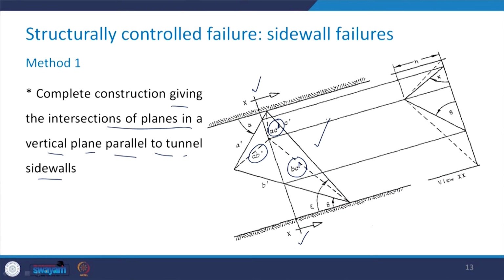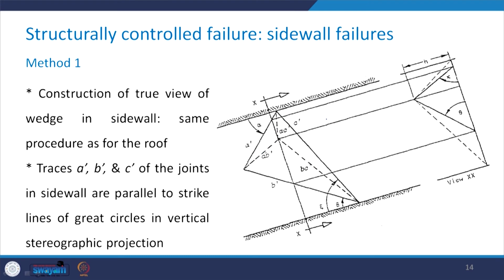Here also we can construct the shape of the wedge in the similar manner. As I mentioned of the construction, the construction of the true view of wedge in the side wall is the same procedure as for the roof.